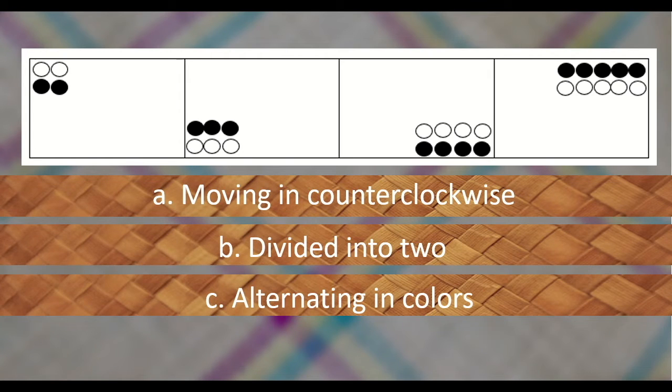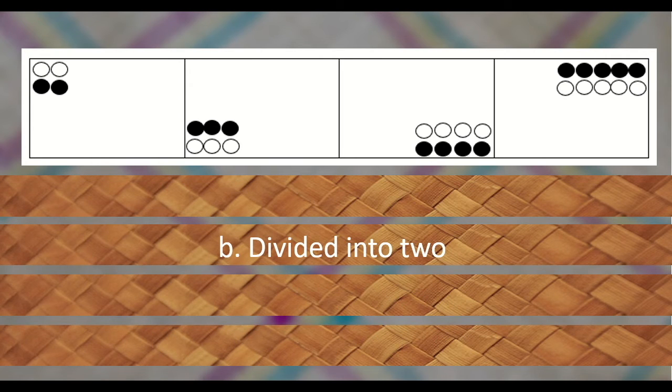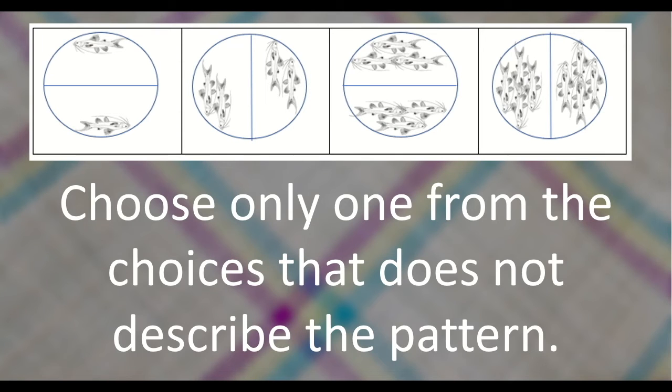Letter C, alternating in colors? Or letter D, increasing the number of circles? Good job! It's letter B, divided into two. Let's have the fourth one.